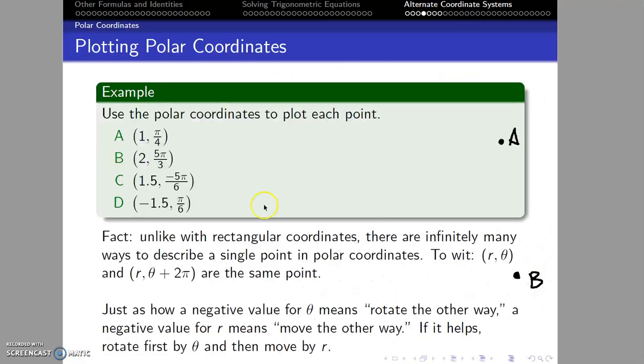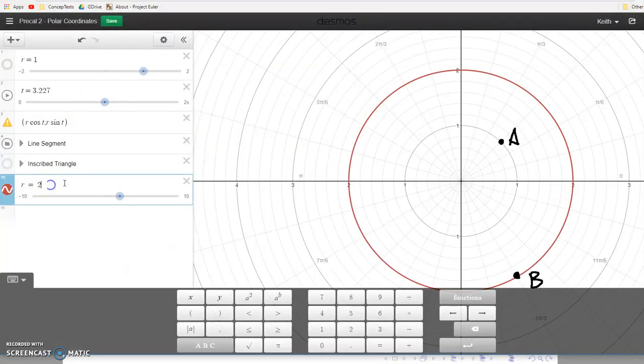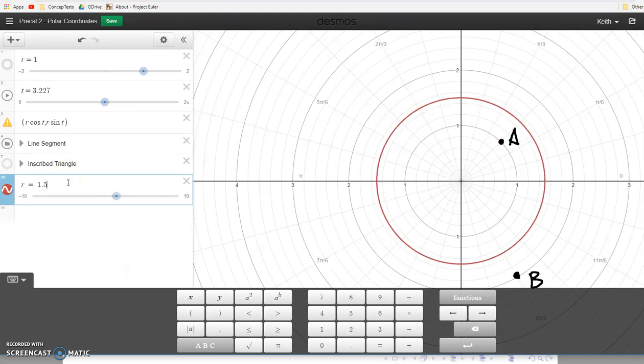Third point of interest is C at 1.5, angle of rotation negative 5 pi over 6. So 1.5 is how far we are from the origin. And negative 5 pi over 6 corresponds to starting here and rotating negative 5 pi over 6, ending us at 7 pi over 6 as well. So there is our third point.